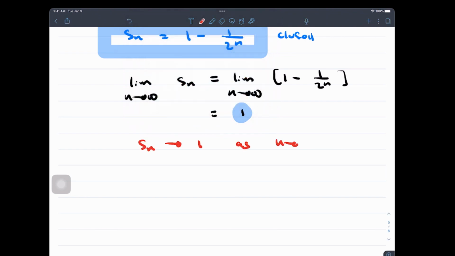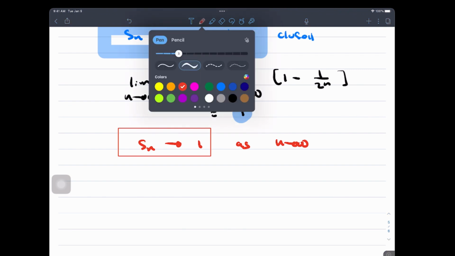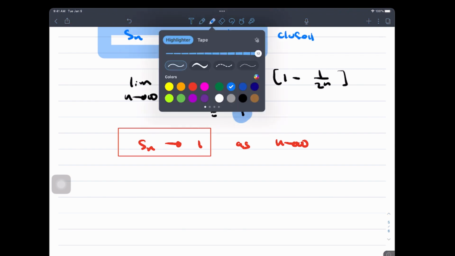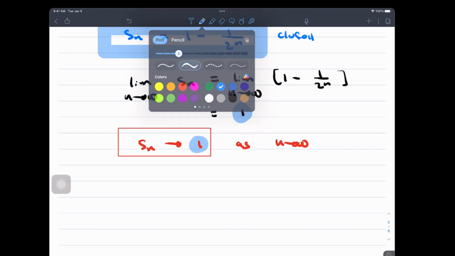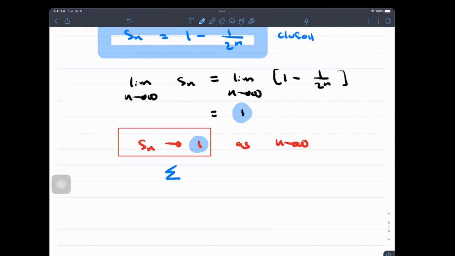That's finite as n goes to infinity. This is the essence of what you guys want to show, that the sequence of partial sums converges to a finite value 1. And so that particular sum you're looking at, the sum of 1 over 2 to the n, is 1.